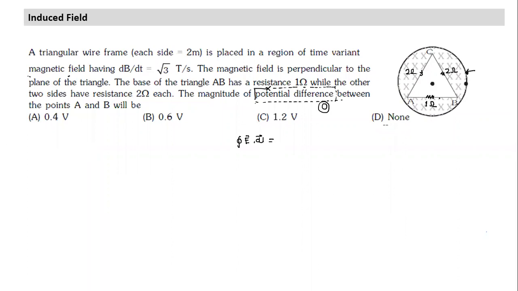E·dl between A and B will be equal to 1/3 of the EMF in the loop. Why 1/3? Because of symmetry, all three sides will have the same E·dl, and the entire E·dl is nothing but the EMF induced in the loop. So what is E·dl for AB?